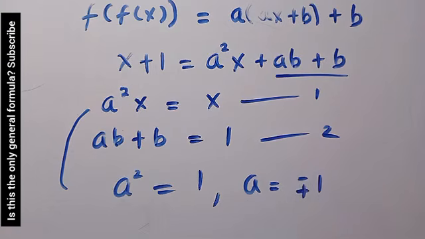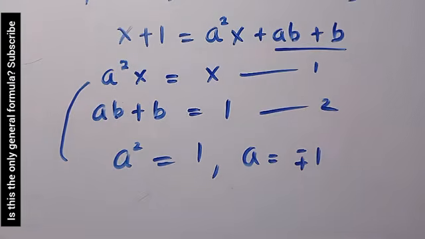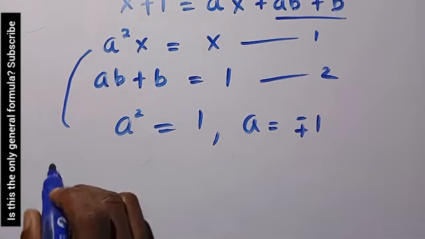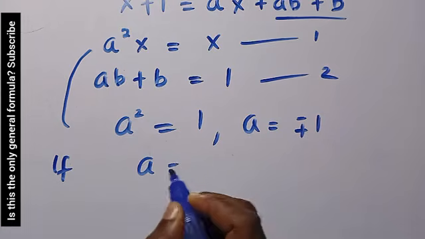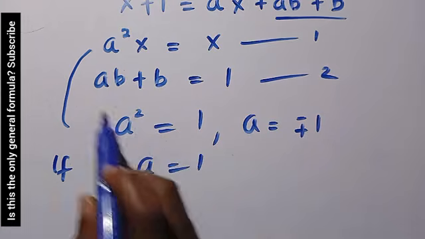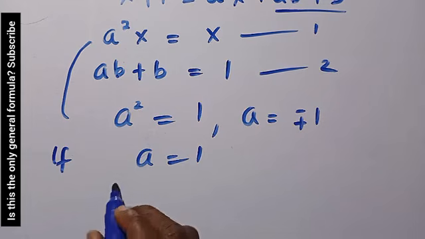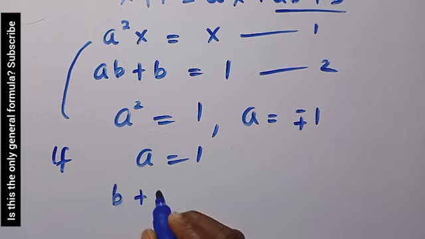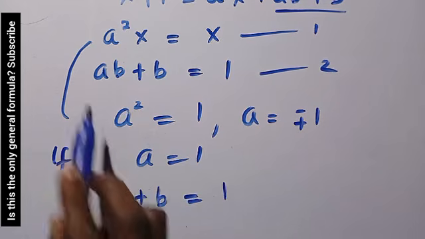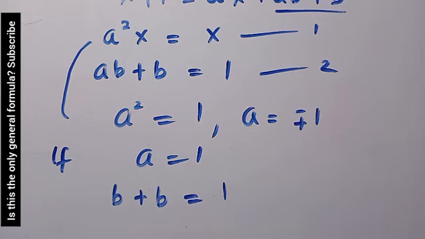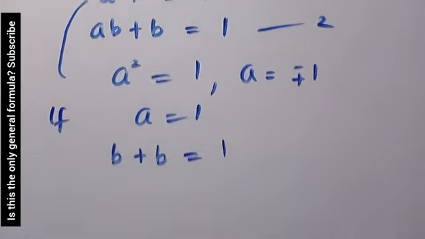There are two cases here because we want to get the value of b as well. If we have a equals 1, substituting it into this side, we are going to have b plus b equals 1 because a here is already 1. And b plus b gives us 2b.